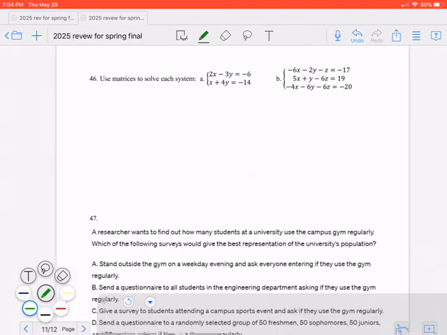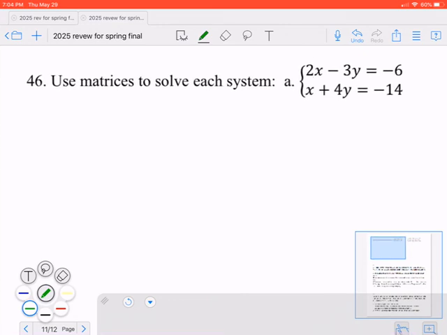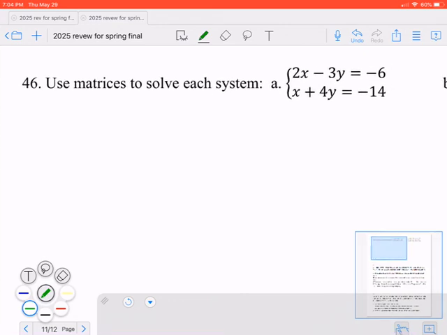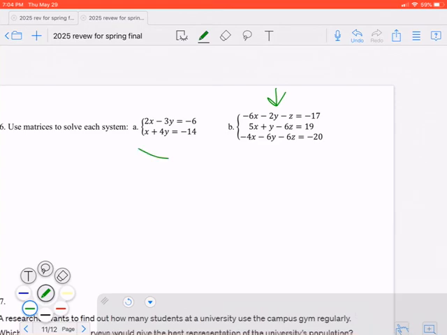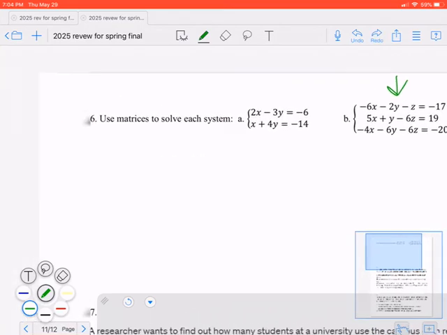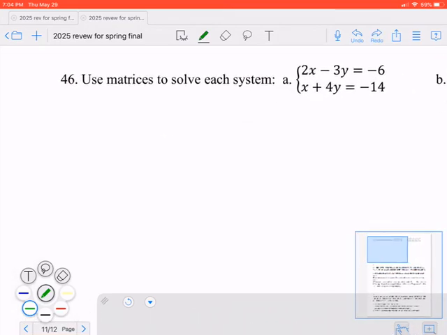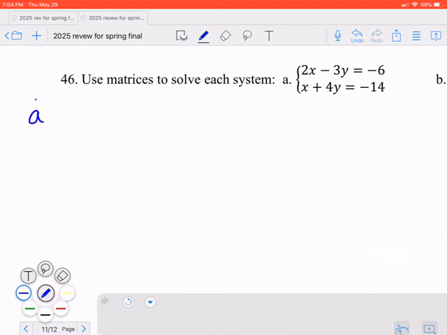Use matrices to solve each system. So this is where the calculator is necessary. In part B, I could do this longhand, but it's so much easier to use the calculators.